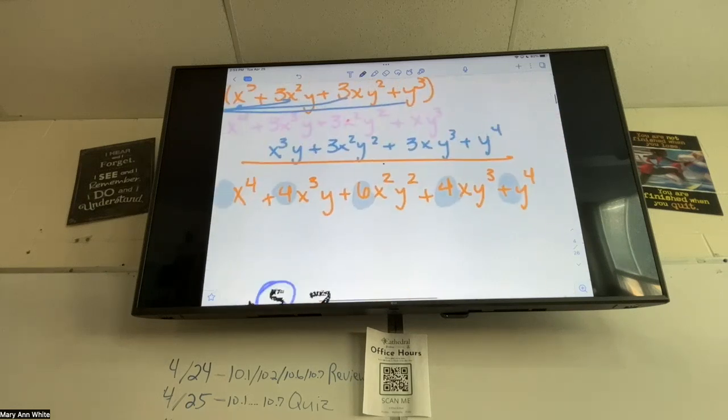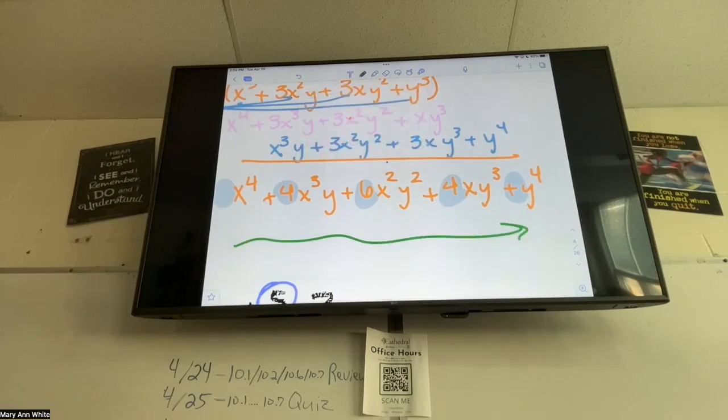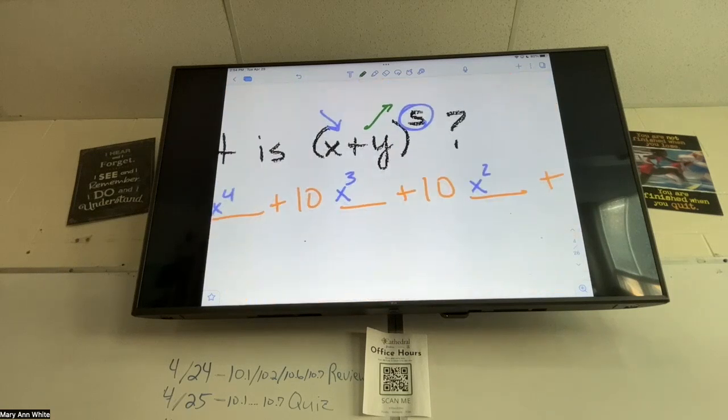Now, similarly, if I go back to this problem, what is the y doing as I go across the page this way? Is y getting bigger or smaller? It's getting bigger, right? We have 0 y's, then we've got y to the first, y to the second, y to the third, and then y to the fourth. So y, on the other hand, is going to increase as we go across this page.